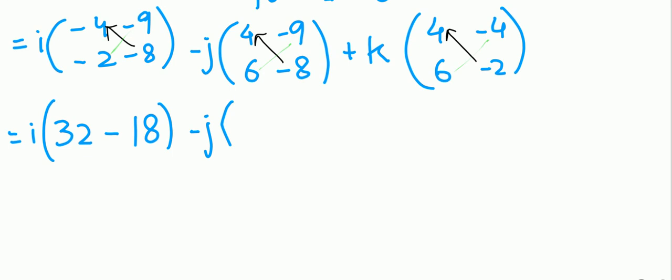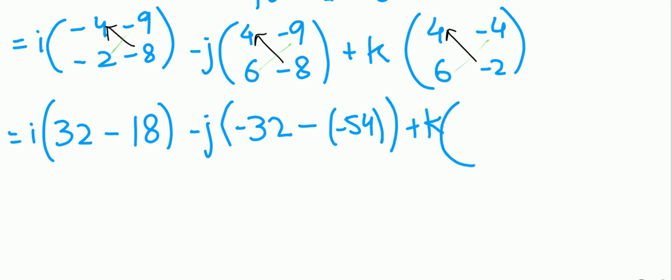Minus 8 into 4 is minus 32, minus 9 into 6, which is minus 54, plus k, minus 8 minus 24.